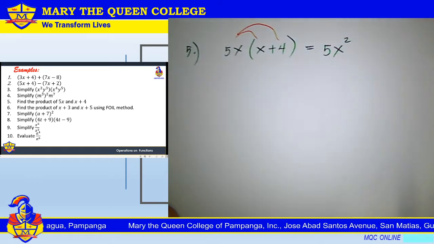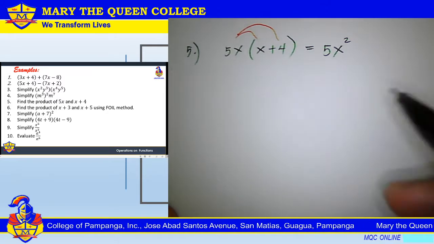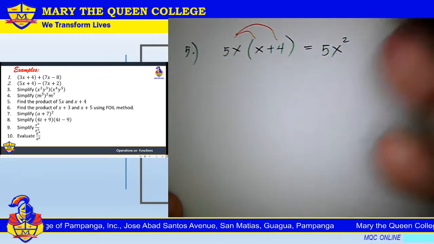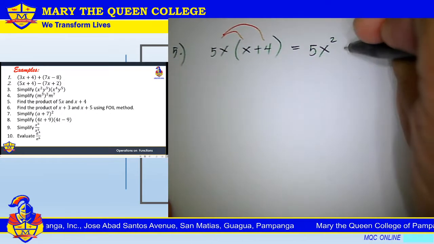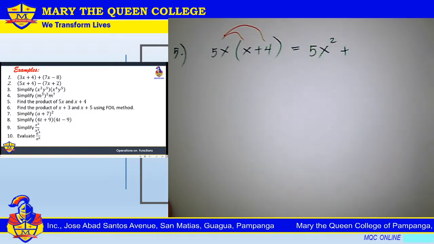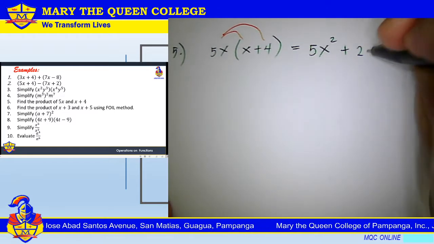5x squared. Why did it become squared? Because x times x is x raised to 1 times x raised to 1, so 1 plus 1 is 2. And then 5x times positive 4 is 5 times 4, that is 20x.